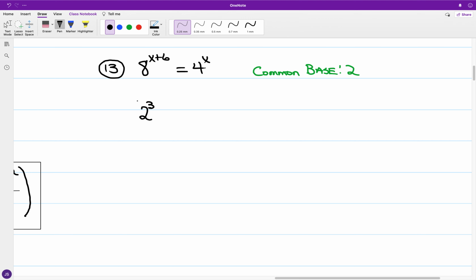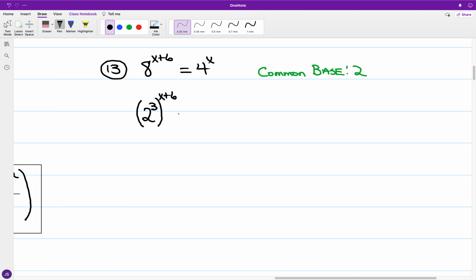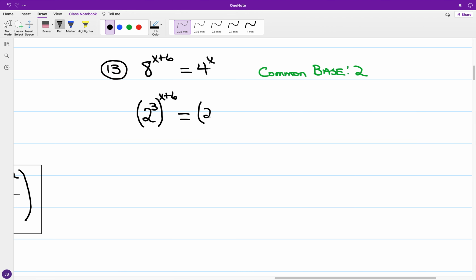Now 8 to the x plus 6, in terms of base 2, is 2 cubed raised to the x plus 6 power. And for 4 to the x, 4 is 2 to the second, so we have 2 to the second raised to the x.